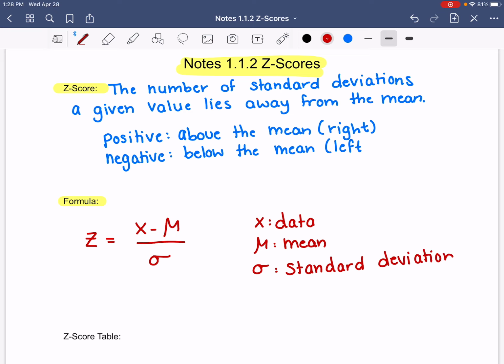Instead of mu for the mean, you could see x bar, or you could see just m. For standard deviation, you could also see s, the sample standard deviation, so you could see other letters other than these ones.